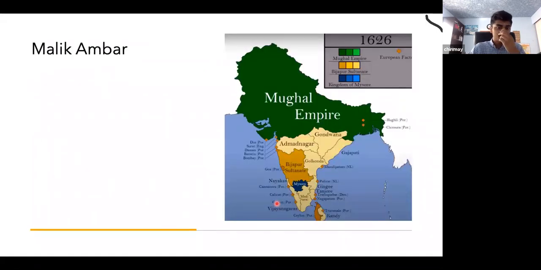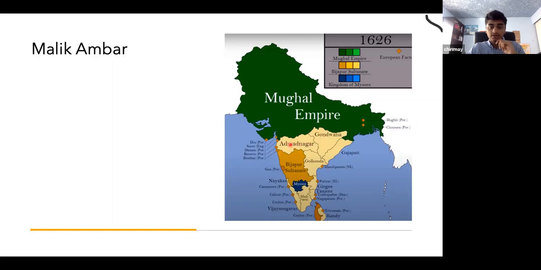So this is just a map that you can see of the situation that Malik Ambar was in. He was surrounded by the Bijapur Sultanate, and he was surrounded by this vast Mughal empire. You can see in Gondwana the territories of Rani Durgavati.